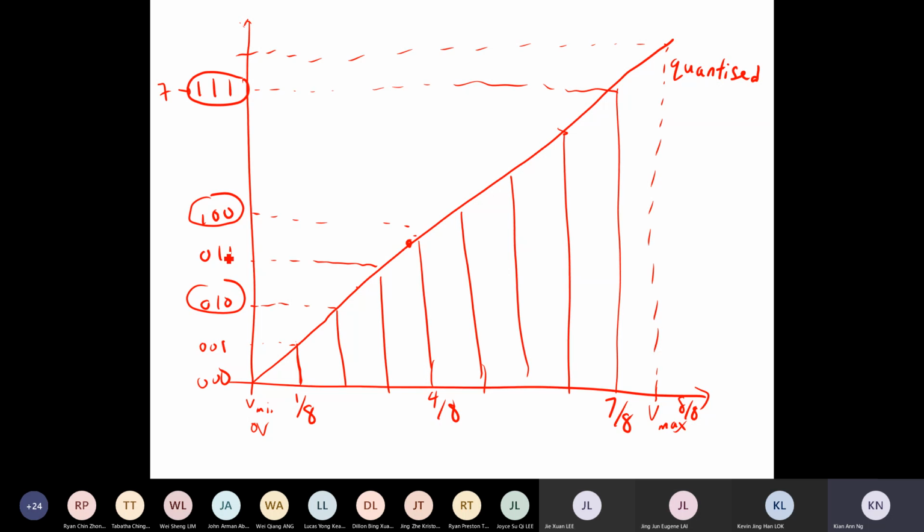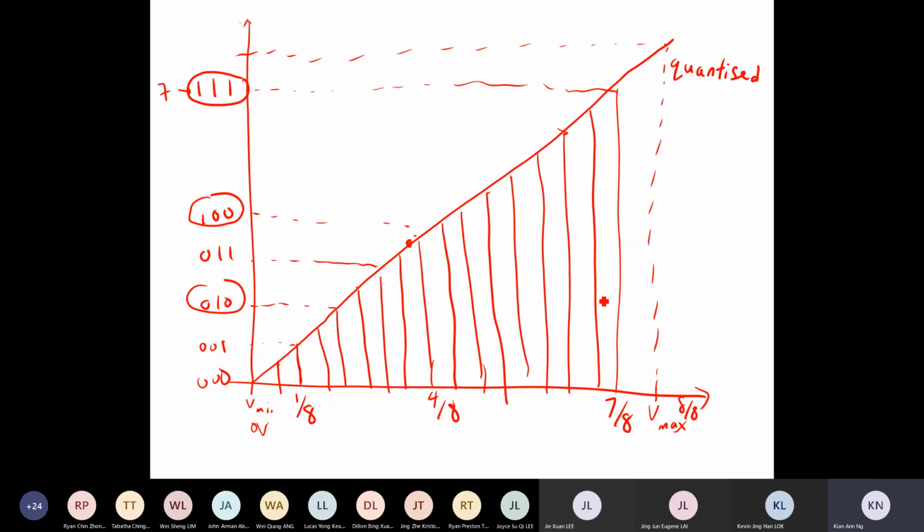Now imagine instead of 3 bits, we have more bits. The same concept happens. Let's say we have 6 bits; you have more quantization levels. You start to see that you can actually resolve smaller differences.